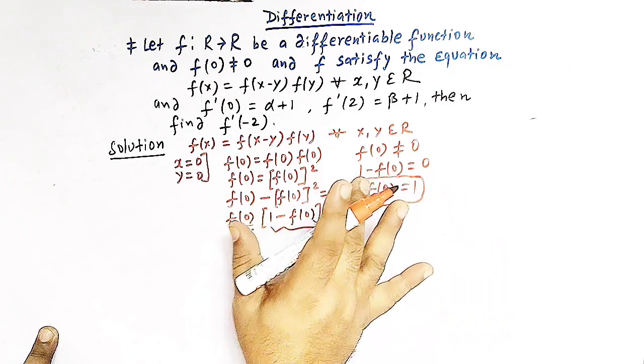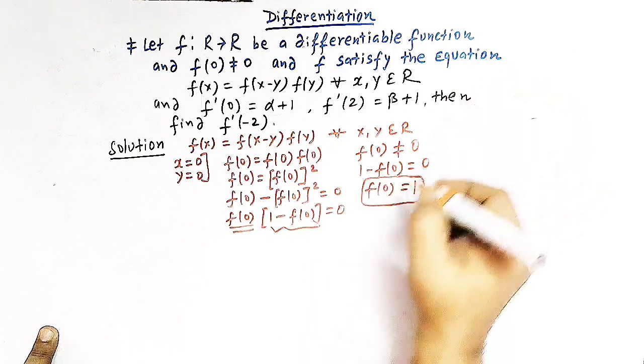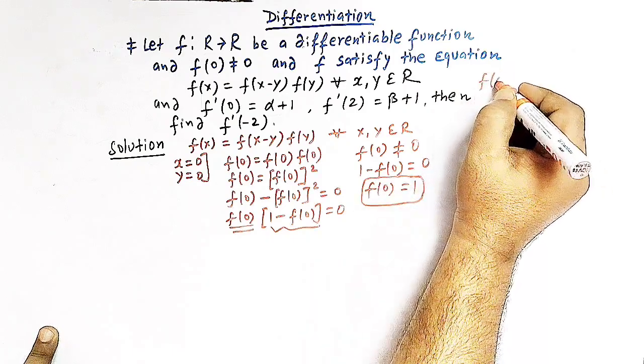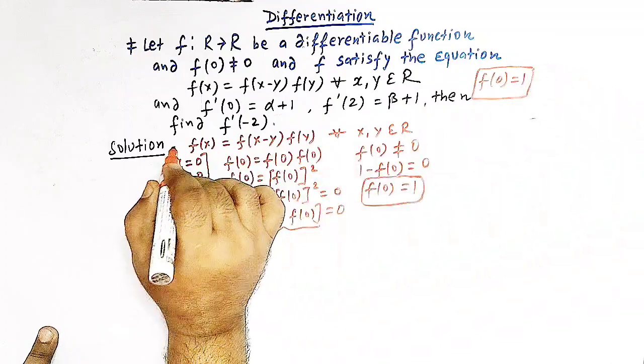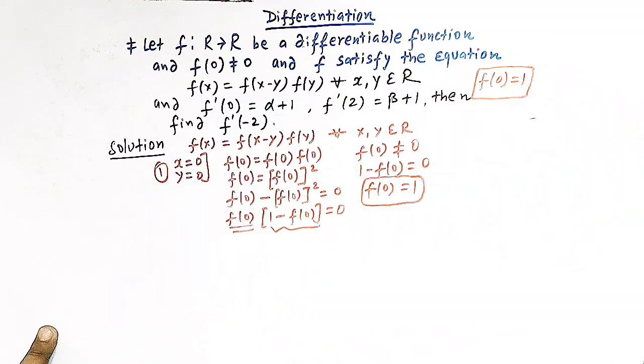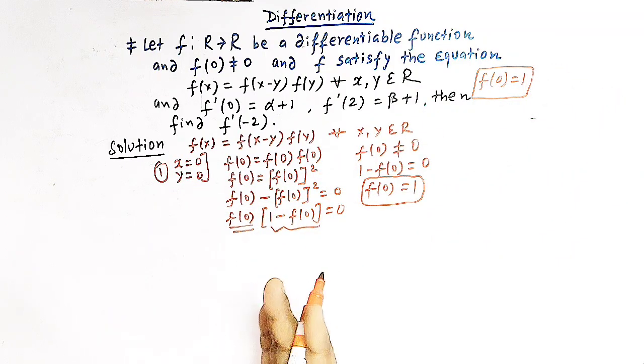So the first step is to get the value of f of 0, that is equal to 1. Now we can make use of the concept of partial differentiation to solve this problem.